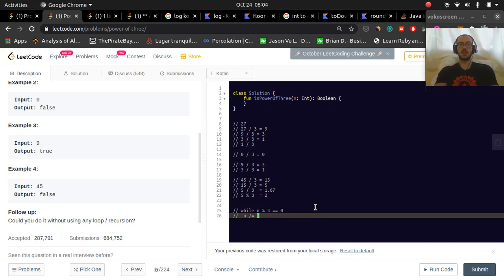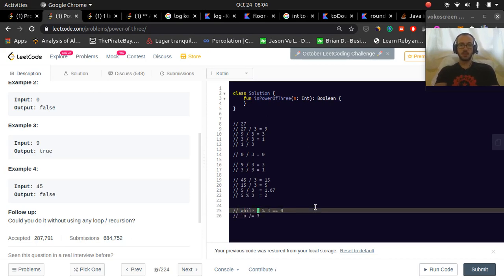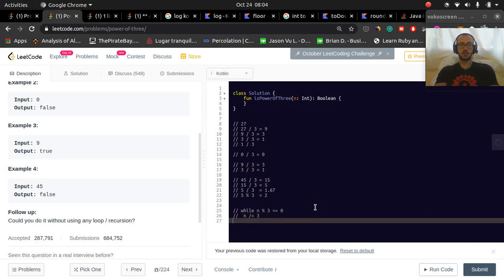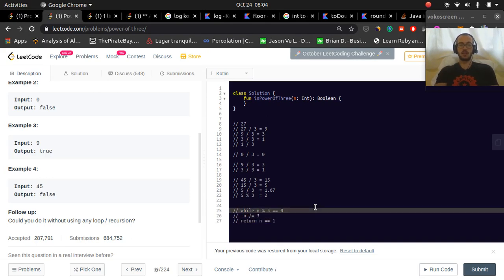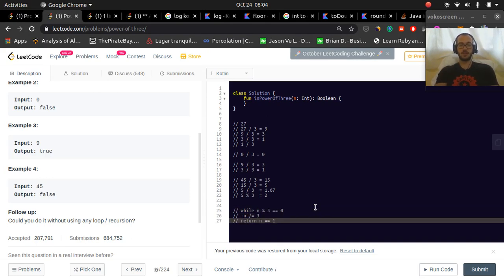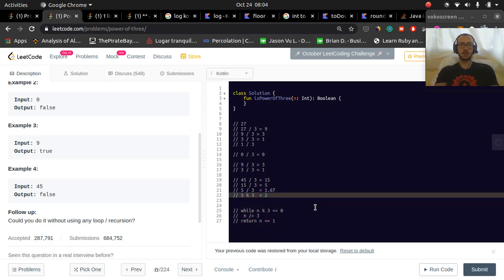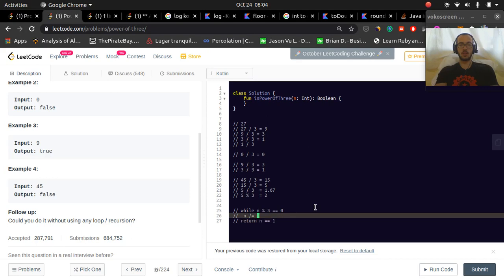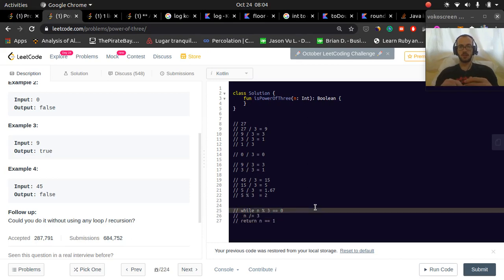Continuously divide n by 3 until we get that final remainder. Okay, and then we'll return n equals 1. If it's not 1, then it's, for example, 45 is an example where it's not 1. 0, it's not 1. And also we have to think about what happens if we get 0 or negative numbers.